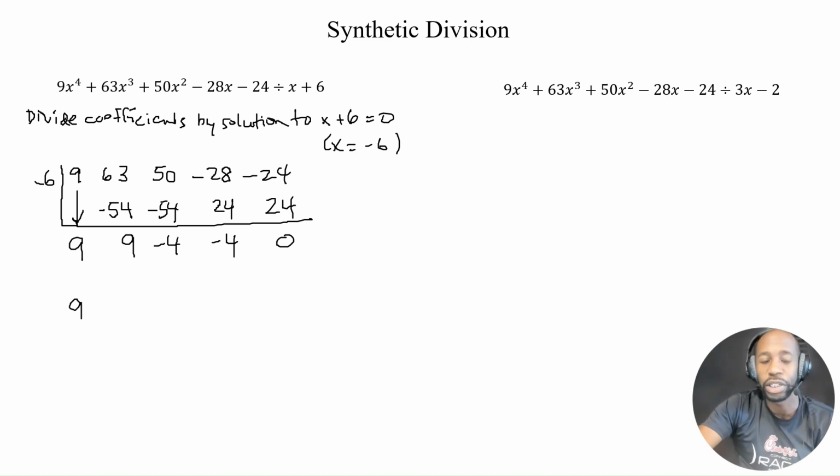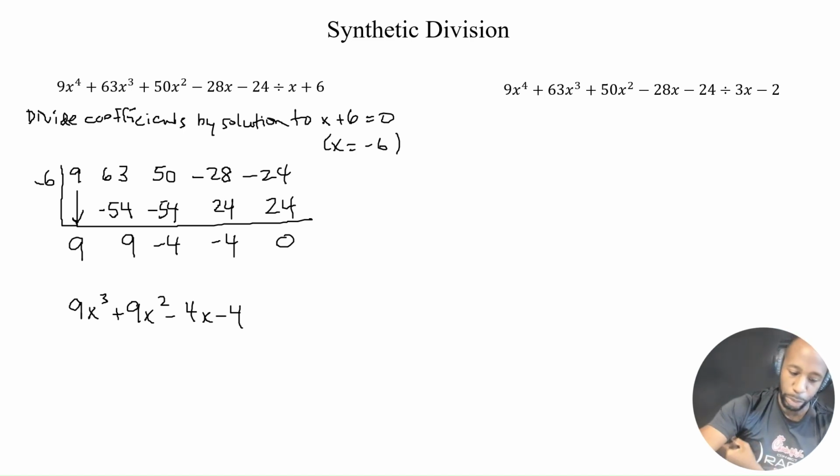In other words, the answer is 9x cubed plus 9x squared minus 4x minus 4. Now we happen to have no remainder for this one. This was a pretty easy one here. I mean, this is easy if you have a remainder as well.